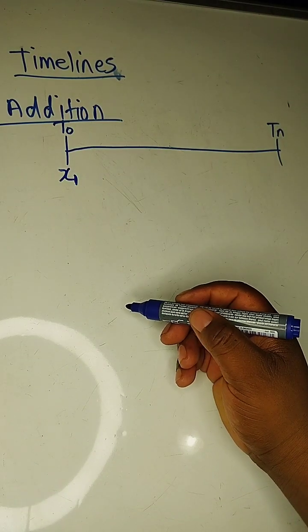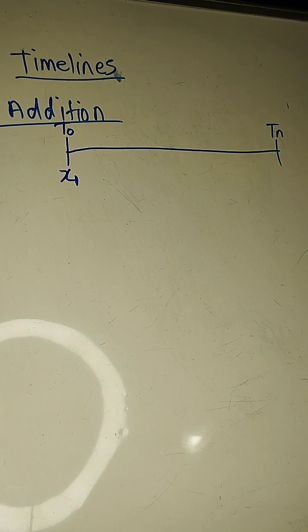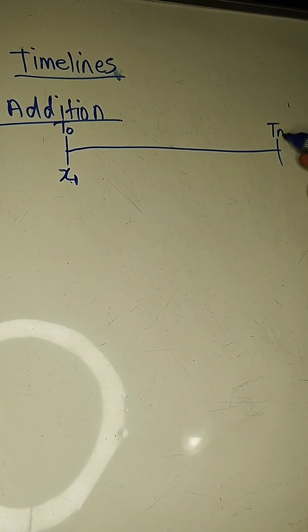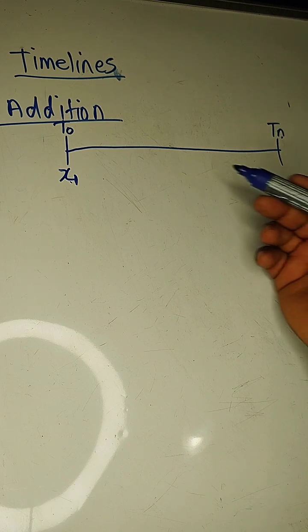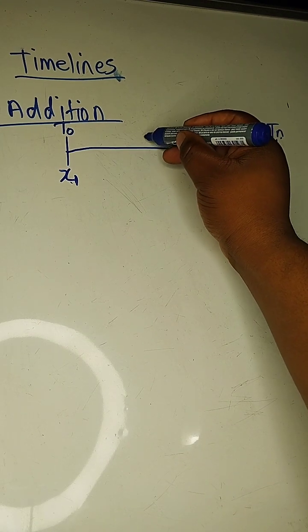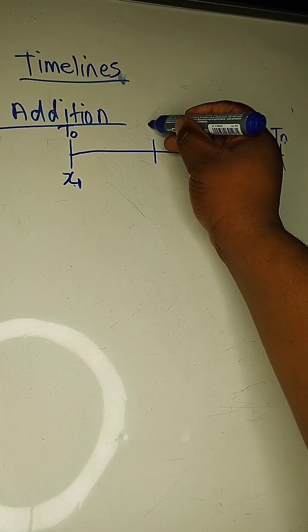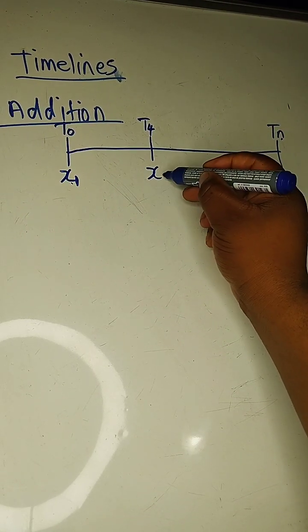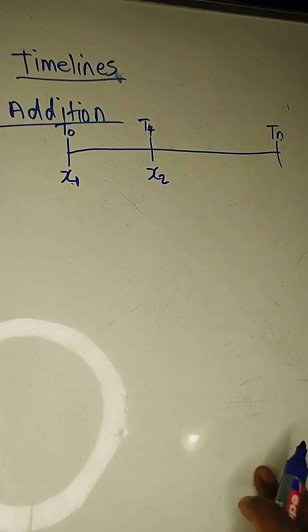While I invest, remember the timeline only deals with compound interest, not simple interest. Now come with me. Here I invested this amount, and then this amount accumulated until TN. Now again, during the course of the year, let's say in T4, I also invested, added another amount.